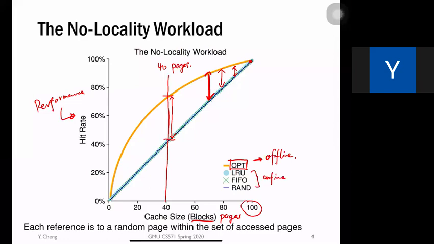That means the cache is large enough to hold all the different pages in this working set. Obviously, for the largest cache size you achieve the highest cache hit rate, which is 100%. That is where all four cache replacement policies, whether online or offline, converge. So this is the non-locality workload.